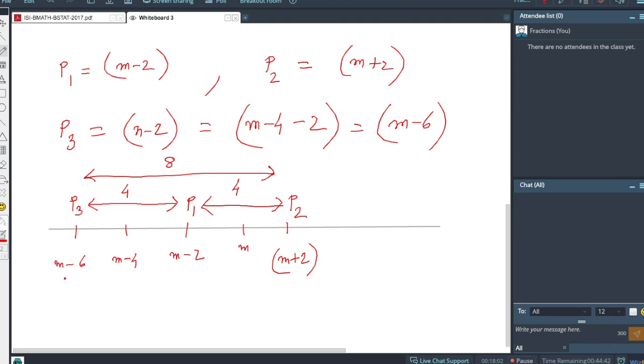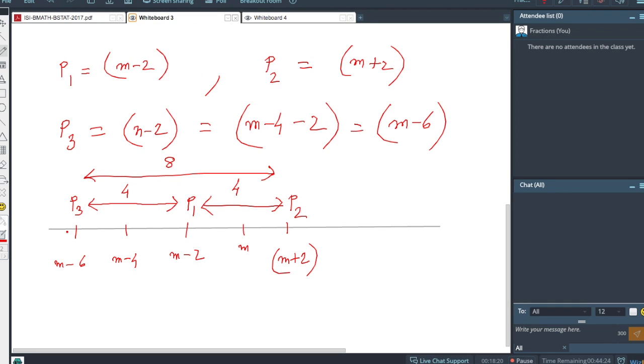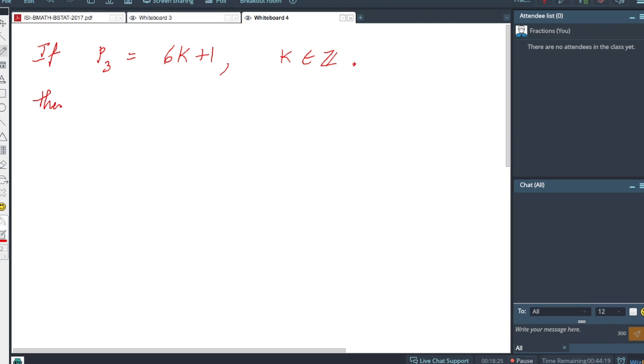So if p3 is of the form 6k plus 1, where k belongs to the set of integers, then think about p2. Then p2 is nothing but 6k plus 1 plus 8, which is equal to 6k plus 9.